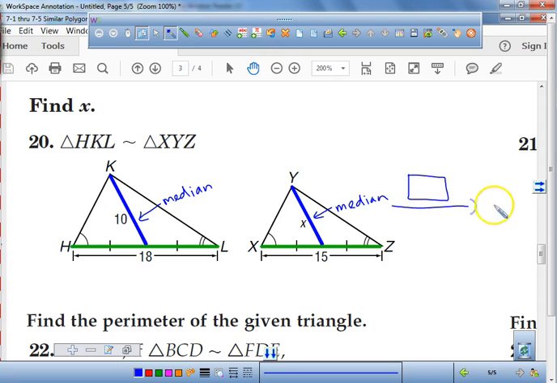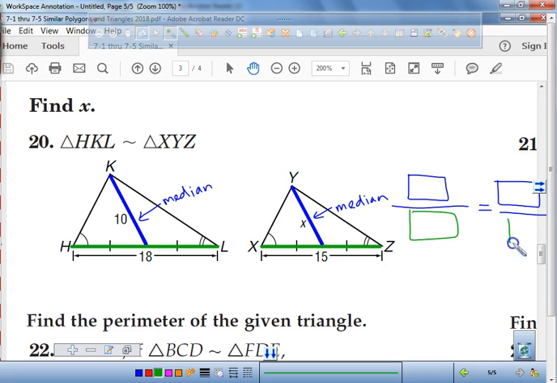I'll put a box equals a box over a box equals a box. It just sets it up. Go ahead. Set it up for me, Alex. 10 over x. Close. All right. 18. 10 over 18. There we go. Equals x. See how easy that is? It's like the picture sets up your proportion. 10 over 18 equals x over 15.